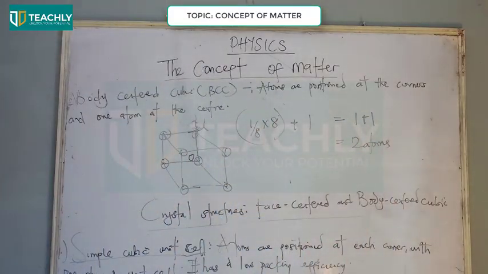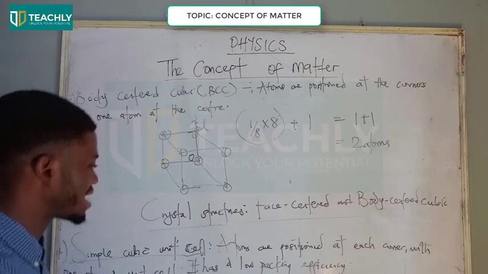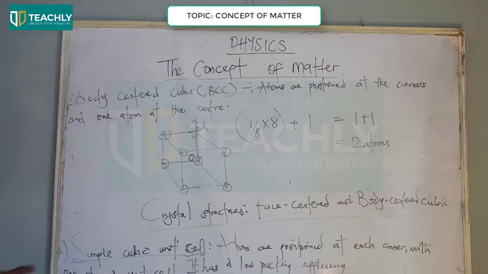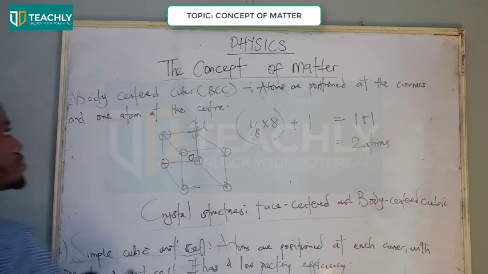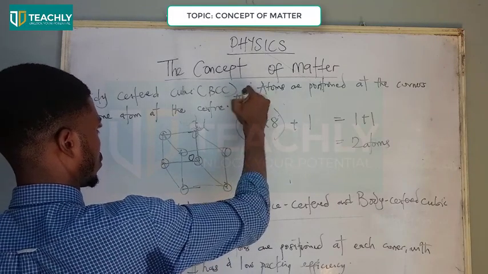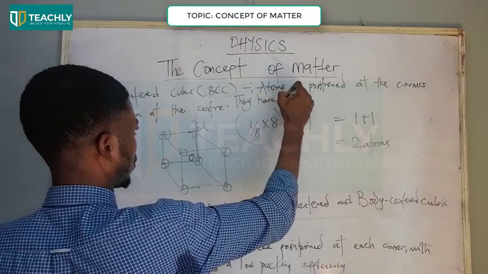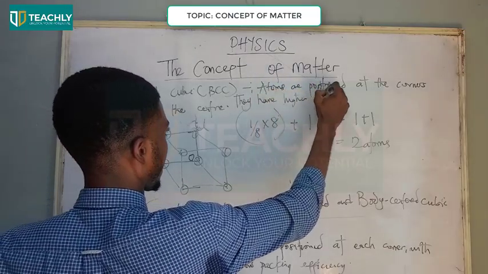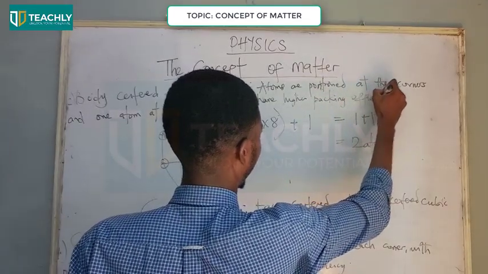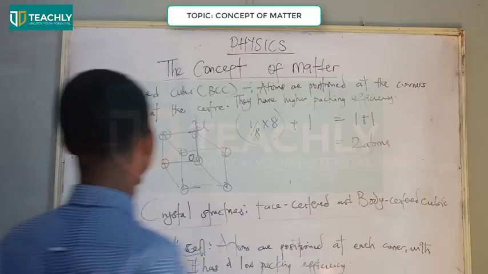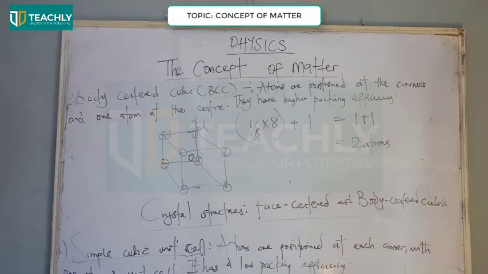These have higher packing efficiency. Body-centered cubic has higher packing efficiency compared to the simple cubic unit cell.